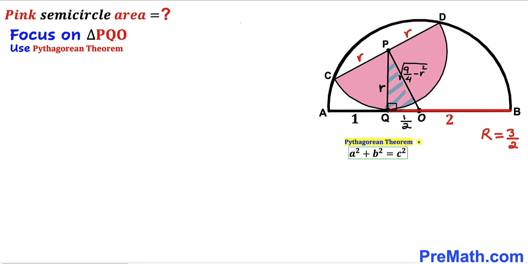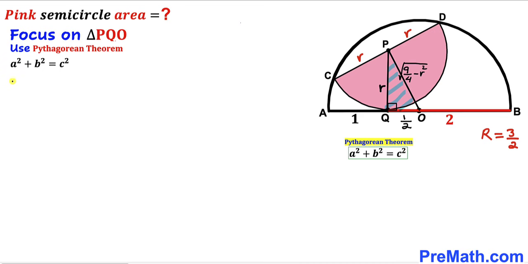And here's our Pythagorean theorem once again: a square plus b square equal to c square. And in our case, our hypotenuse is the square root of 9 divided by 4 minus r square. And our other two legs are 1 divided by 2 and lowercase r. Let's go ahead and fill in the blanks.